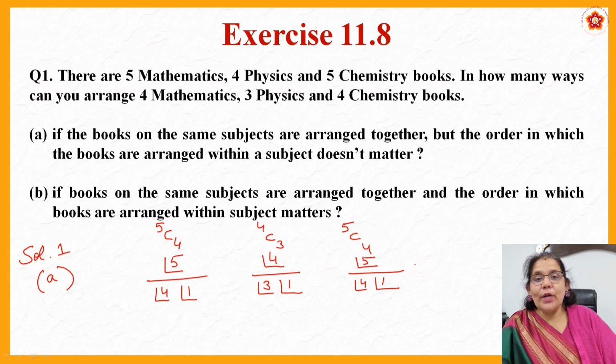Now these 3 units can also be arranged in a particular sequence. The number of ways in which these 3 sets can be arranged would be factorial 3.